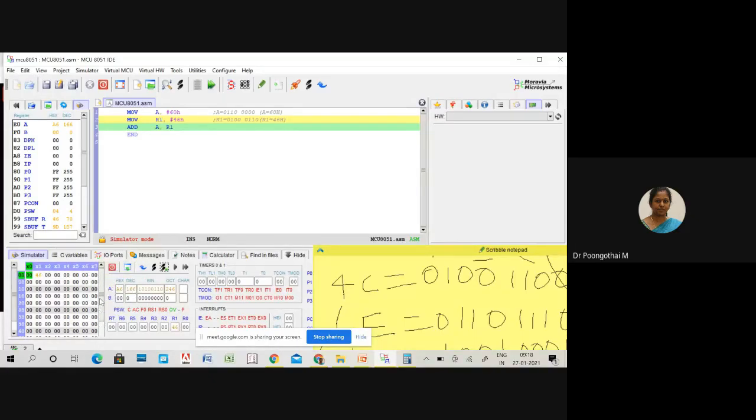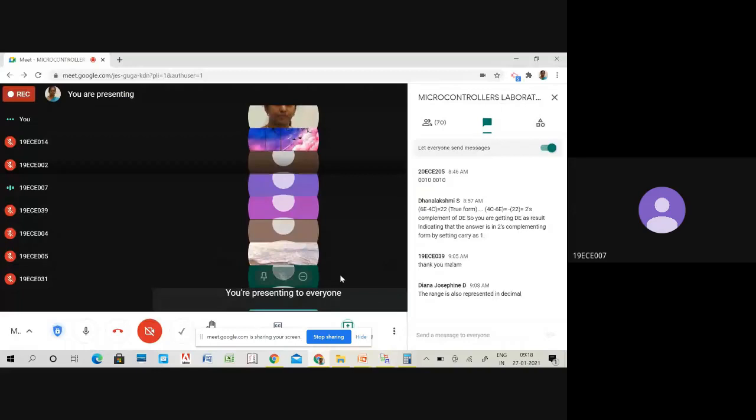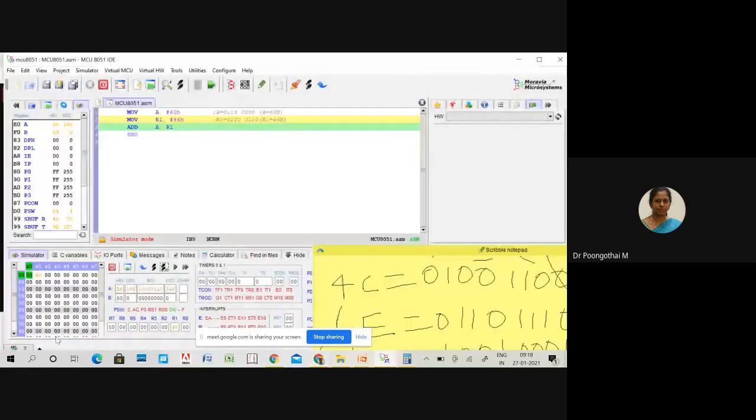Likewise, your internal RAM memory locations are arranged in this window. The first row is for bank 0, second bank 1, bank 2, likewise.